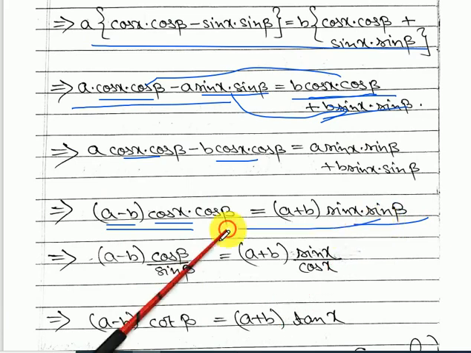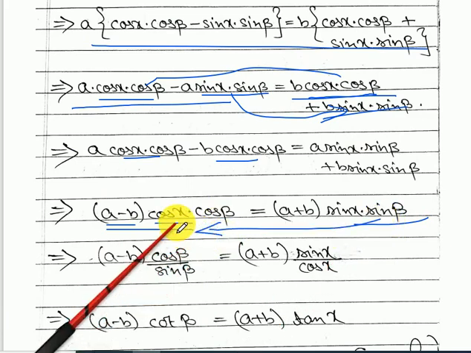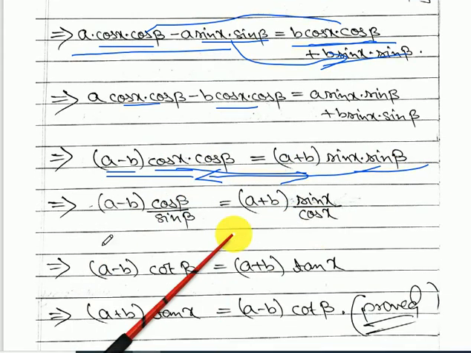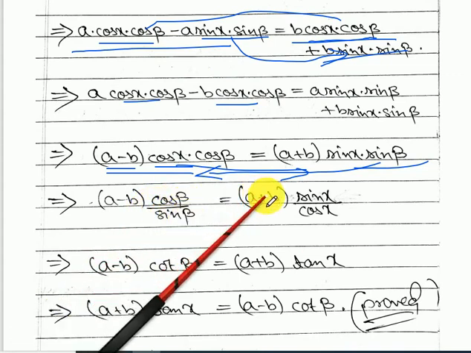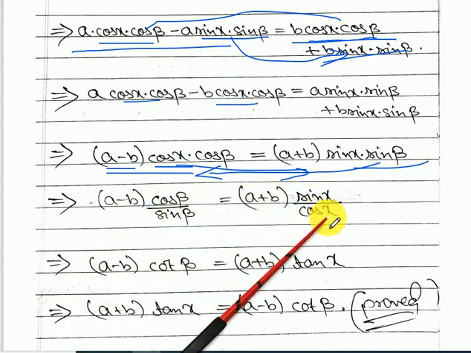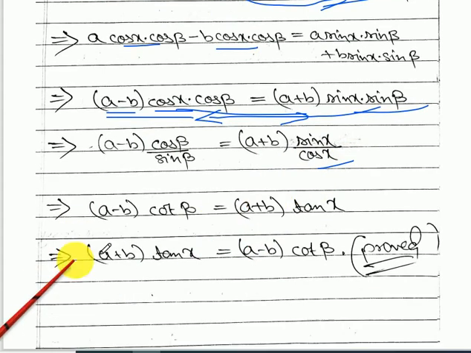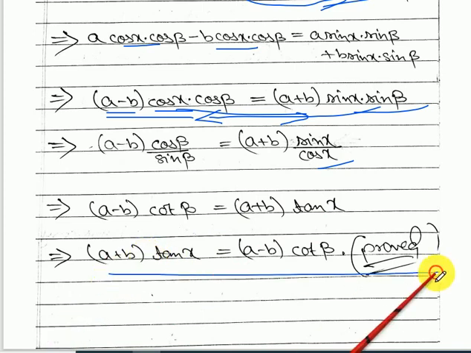So sin beta take it to the left and cos x take it to the right, so you get (a minus b) into cos beta upon sin beta equal to (a plus b) sin x upon cos x. So you get (a minus b) cot beta equal to (a plus b) into tan x, clear. So it's proved.